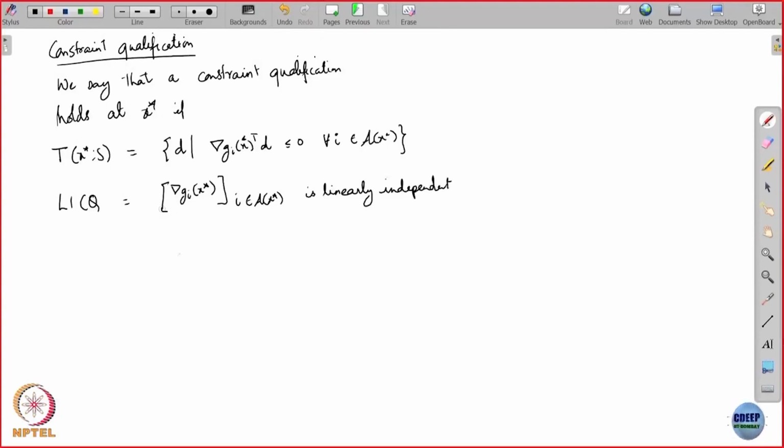If you also have equality constraints, then you need that, in addition to all of these, the equality constraint gradients are all linearly independent.